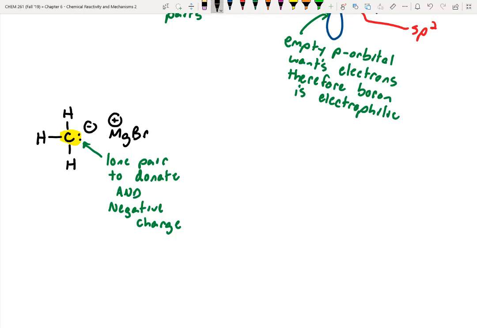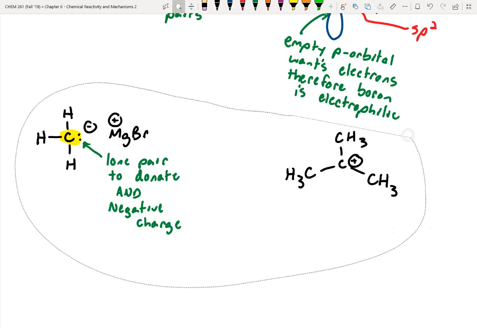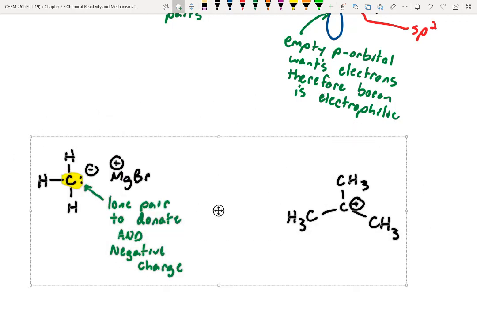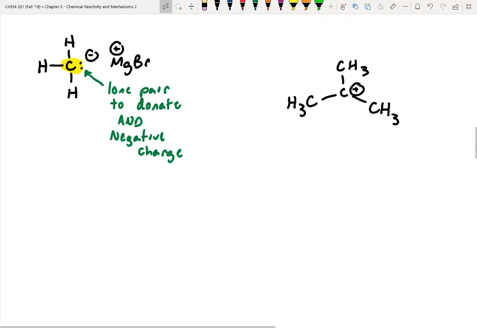All right, let's take another example. I'm going to draw in all of my atoms. For this one, I'm going to slide everything down. On the right, what do you think the electrophilic atom would be?